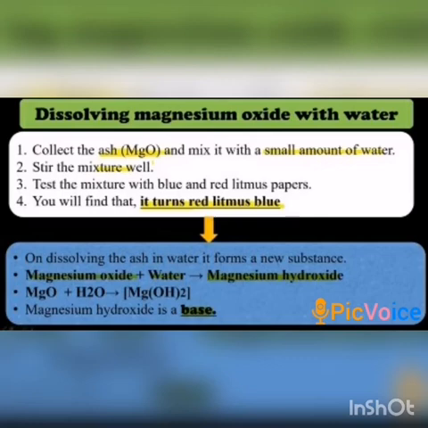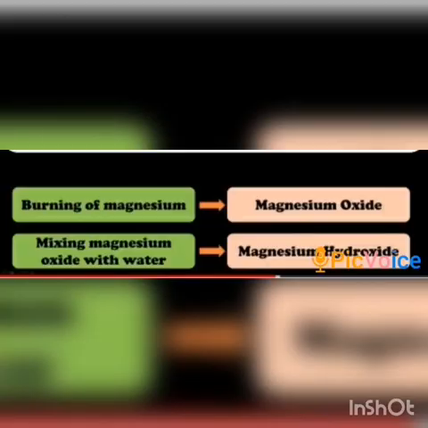From those two reactions, we have got a new product. So these are the chemical reactions. In that chemical reaction, chemical changes take place. Isn't it, ma? Yes. In this burning of magnesium, we have got two new substances.